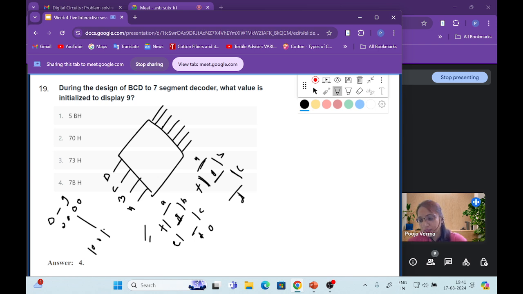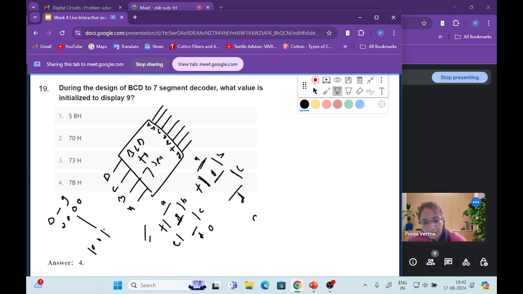So here it is represented like this: A, B, C, D, E, F, G. Here are 7, so it is a BCD to 7 segment display converter. Okay, so let's check.